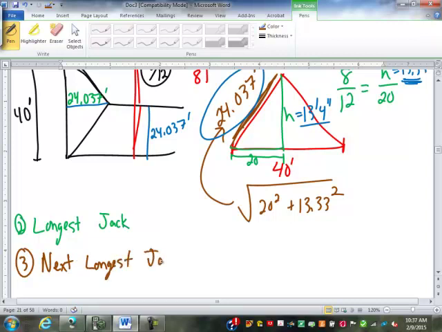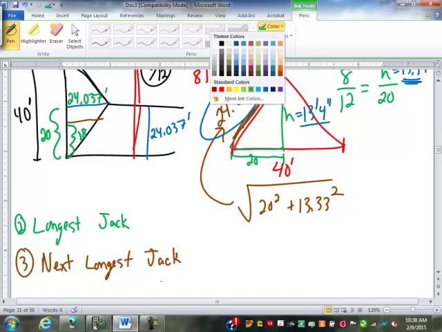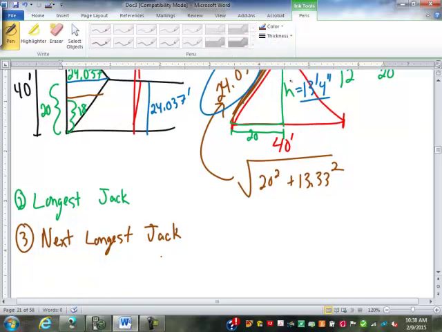The next longest jack. Yes, we're going to assume 2 feet on center unless we're told otherwise. Good question. Okay, very good. Yes, this is 20 here. This is going to be 18. So what we have is some triangles here. We have this one that is 20 feet by 24.037.